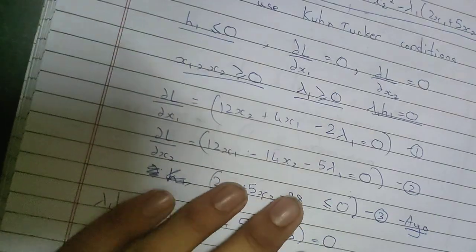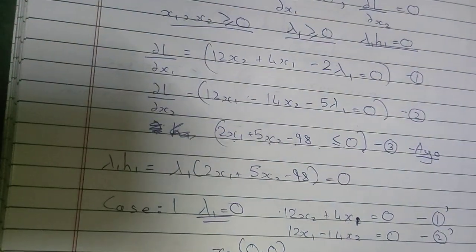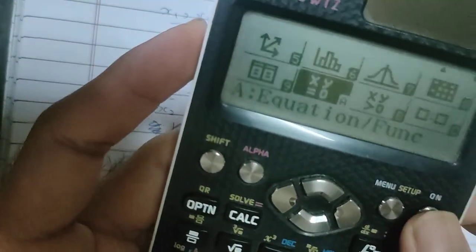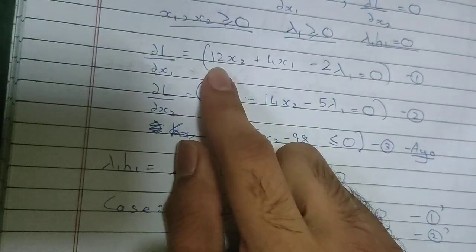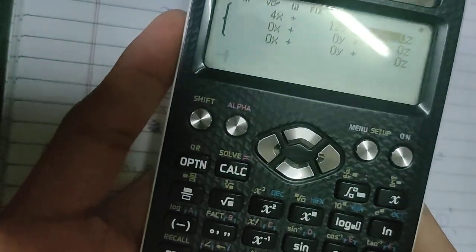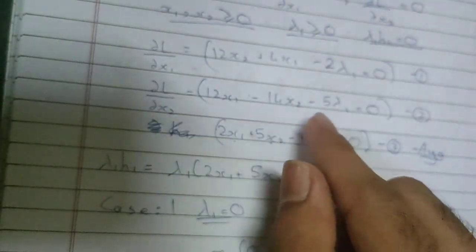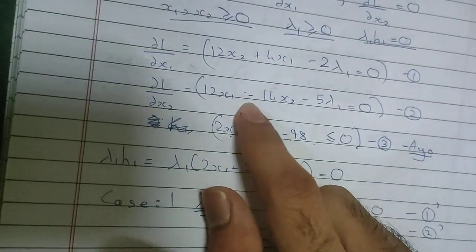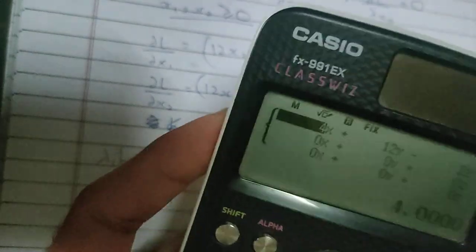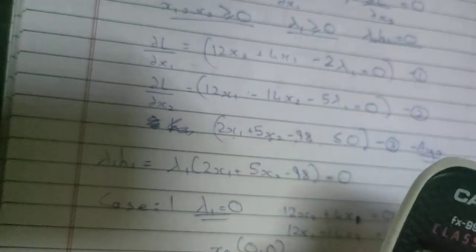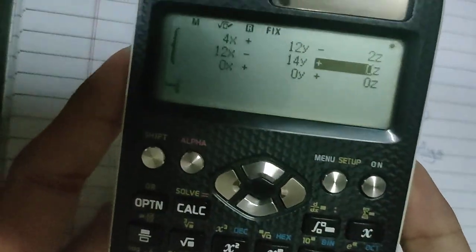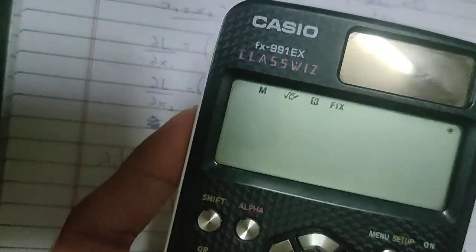Now we'll have three variables. Equation 1 is 4, 12, minus 2 and 0. Then we have 12, minus 14, minus 5, equal to 0.